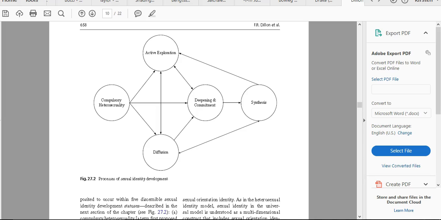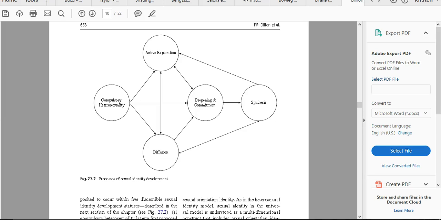For heterosexual individuals in particular, this can be associated with questioning, abandoning the social mandates of heterosexuality and the concept that heterosexuality is perceived as normal. So that awareness of how embedded heteronormativity is.